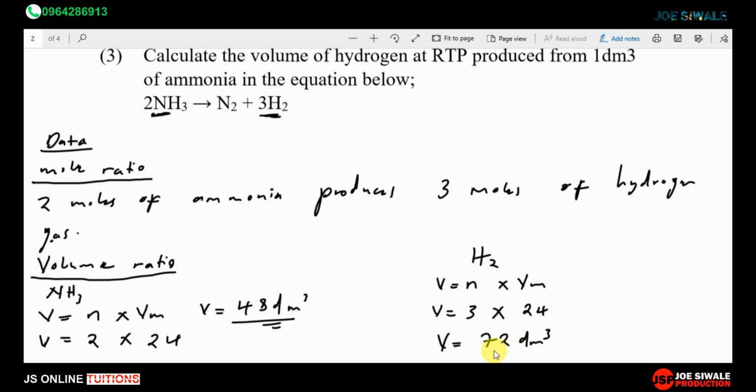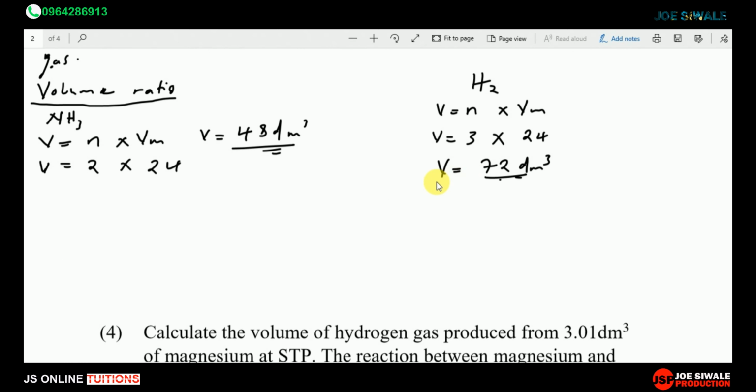And since we have calculated the volume ratio, we can now calculate the volume of hydrogen gas that was produced. So here we can say 48 cubic decimeters of ammonia produces 72 cubic decimeters of hydrogen gas. What about 1 cubic decimeter of ammonia? It is going to produce X volume of hydrogen gas.